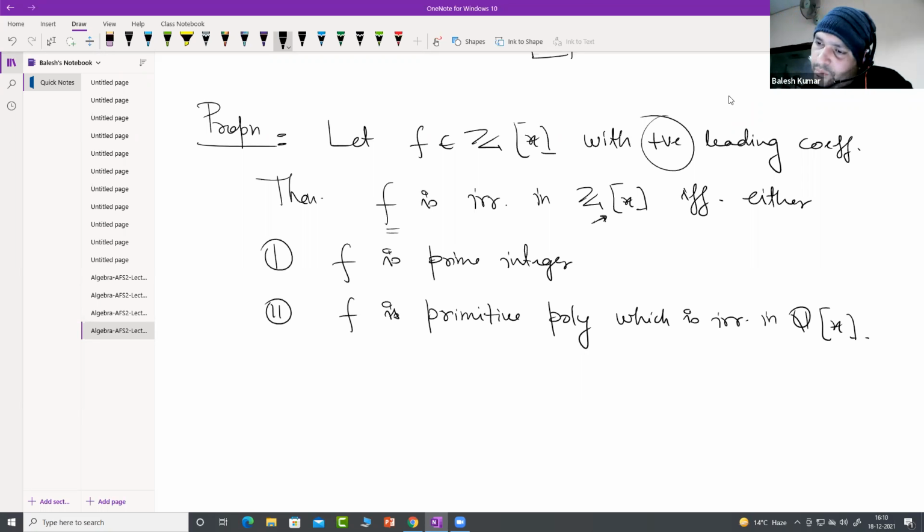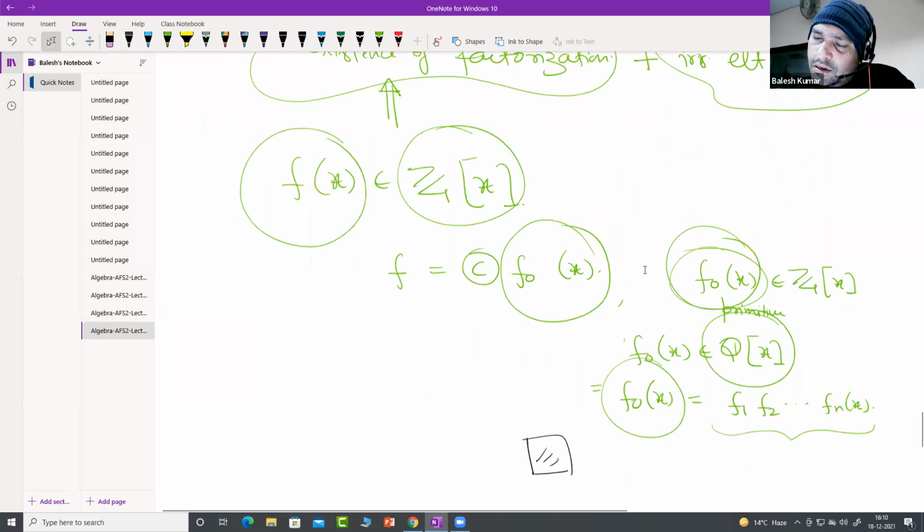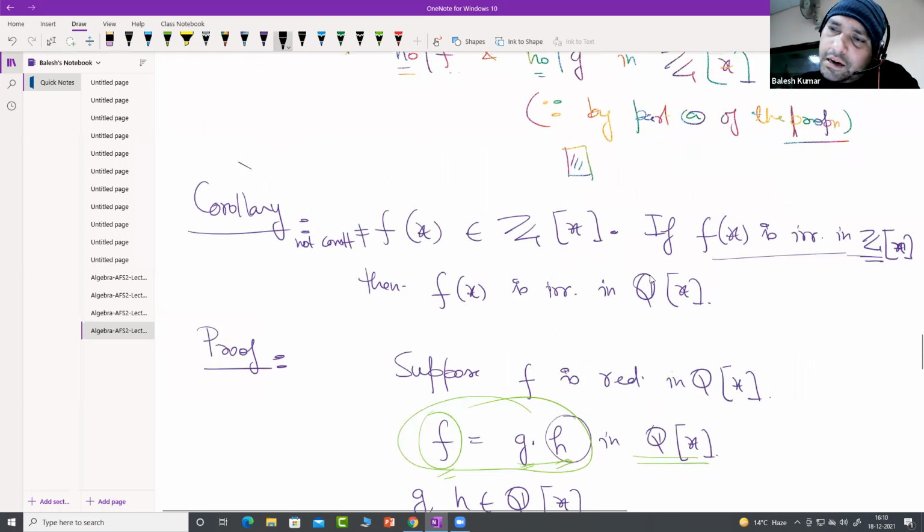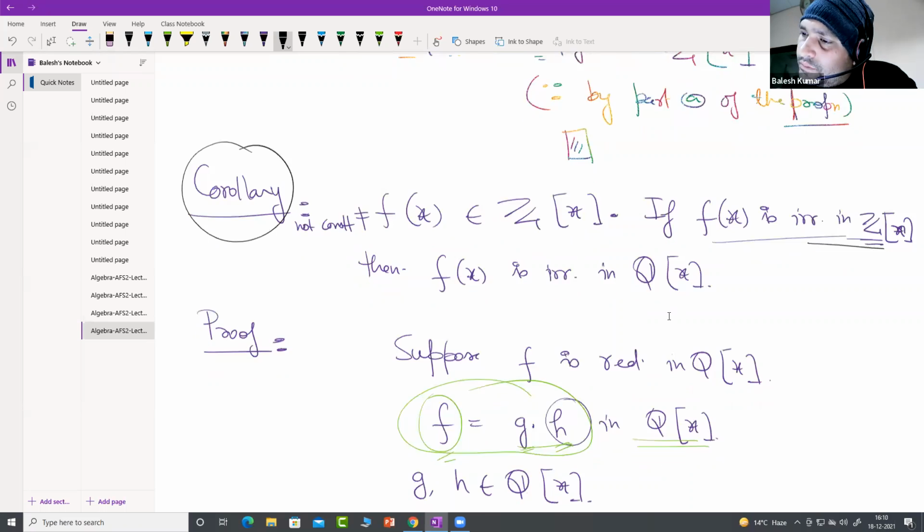In the second part, what we need to prove is only primitiveness, because irreducibility then follows from the above corollary: if you already have an irreducible polynomial in Z[x], then it will be irreducible in Q[x].